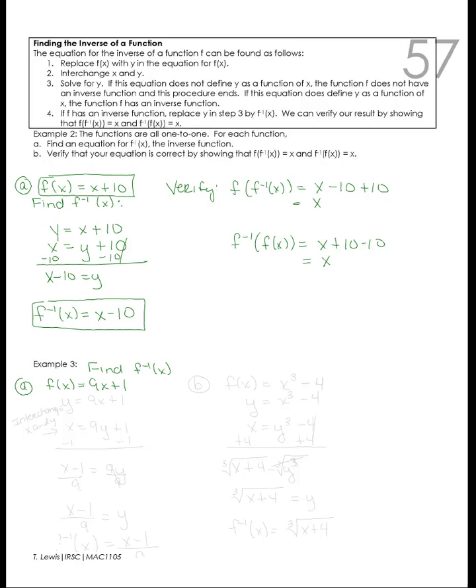So let's go back to the directions, what it's telling us to do. It says we're going to replace f of x with y. Then we're going to interchange the x and y. Once we do that, interchange, just switch. Where you see y, it becomes x. Where you see x, it becomes y. Once you interchange, then you're going to solve for y.